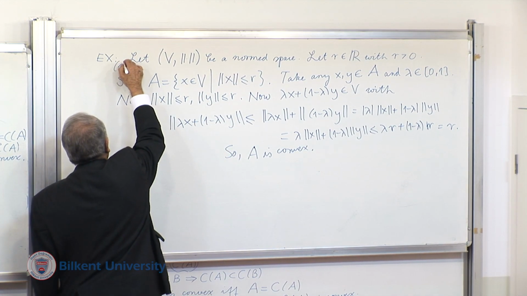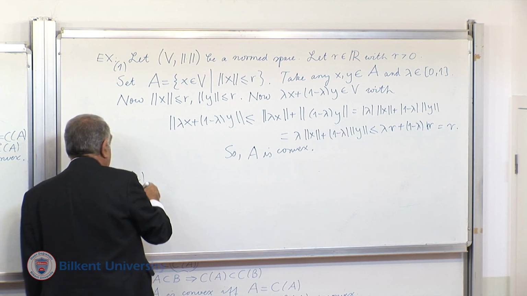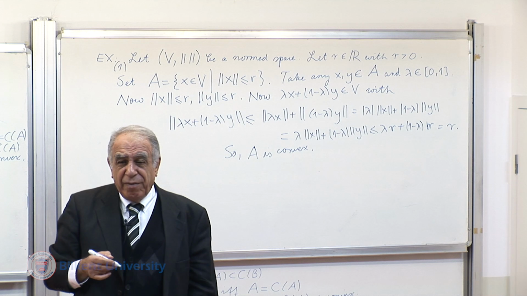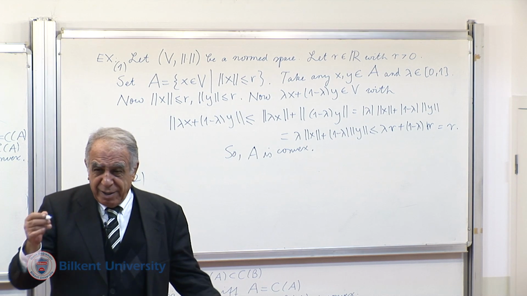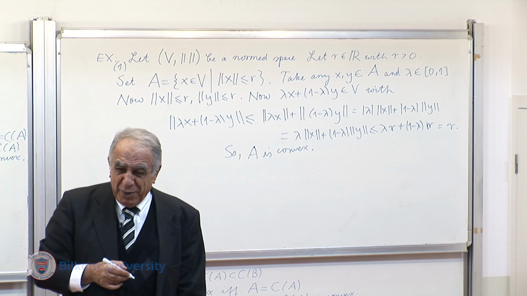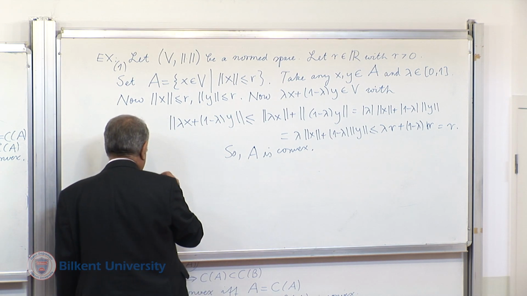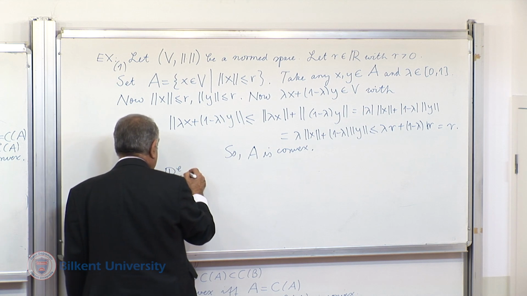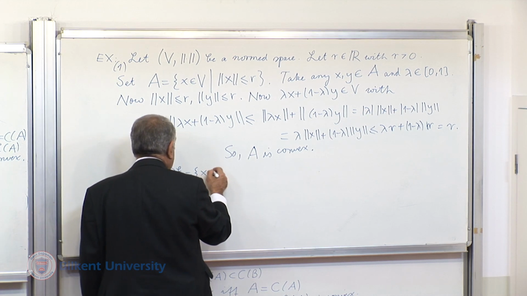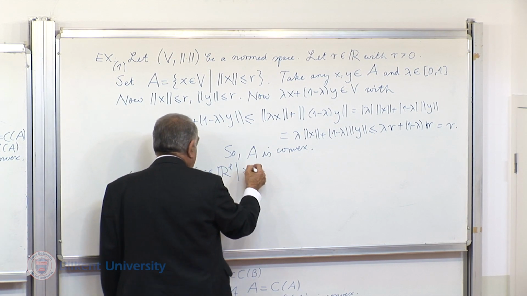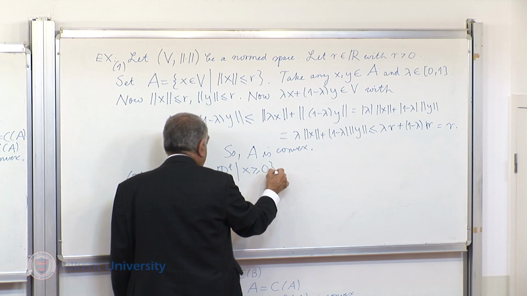This is example 1. Now example 2, that's one of the most famous convex sets in economic theory. Write R^L_+ for the set of all L-vectors which are non-negative.